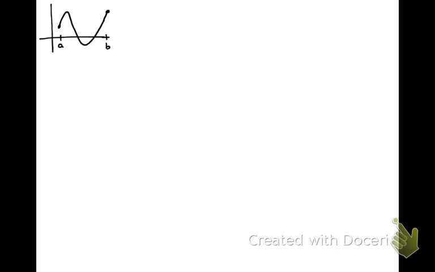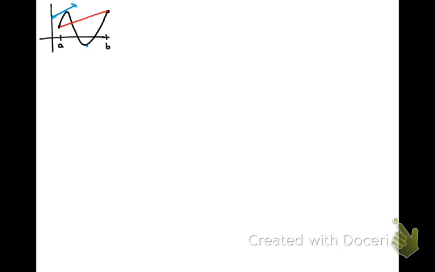And the slope of our secant line would be related to this line in red. And our tangent line would have the exact same slope, perhaps at some point like here. They'd be parallel, so their slopes would be the same.